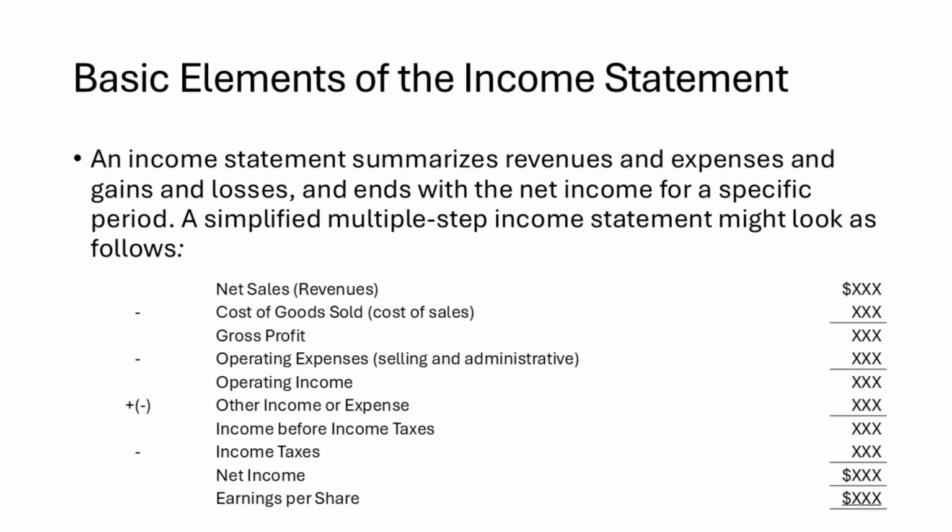The other income or expense may be a plus or negative item here. Then the income before income tax, and tax of course is a negative term, then net income, and finally we get the earnings per share. Earnings per share is a very important item here, and many analyses and financial ratios revolve around earnings per share.